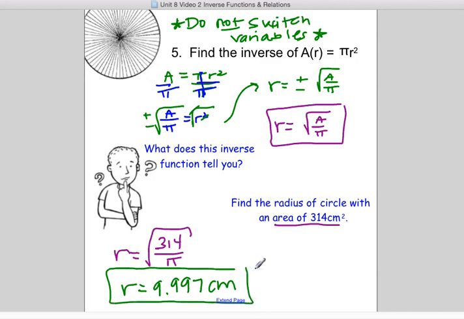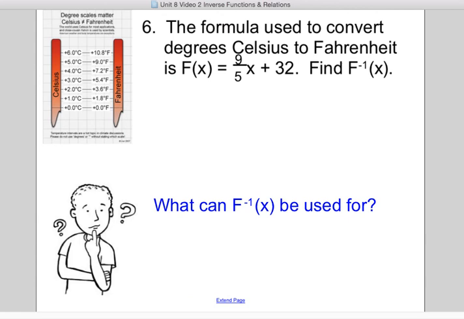We have one last problem, example 6. It says the formula used to convert degrees Celsius to Fahrenheit is f of x equals 9 over 5 x plus 32. Find f inverse of x. I want to get x by itself, so I'm just going to rewrite. I have F is equal to 9 over 5 x plus 32.